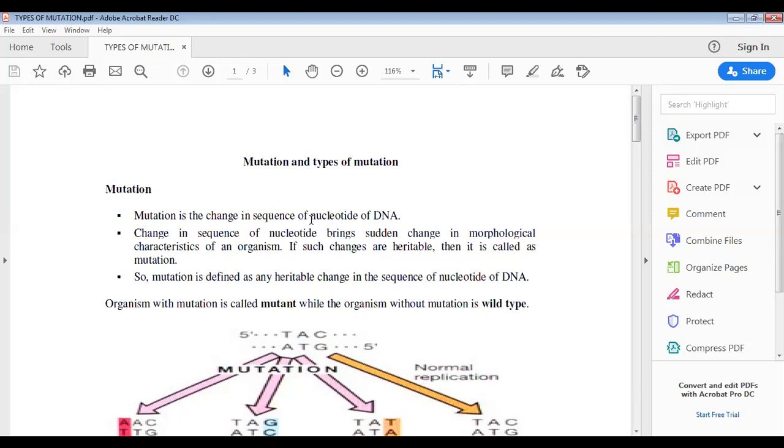Now in studying genetics, where are we going to use mutations? For example, we want some organism to produce a particular product. That organism does not require it for its own metabolism, but we want it. So at that time we need to create mutations, to genetically modify it so that the organism forms our desired products.